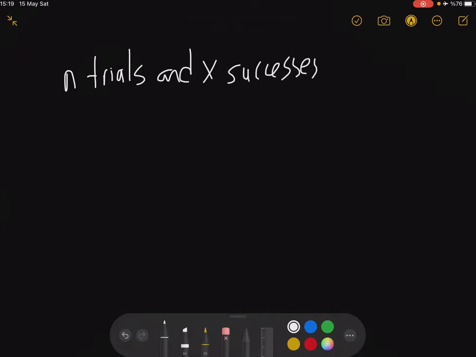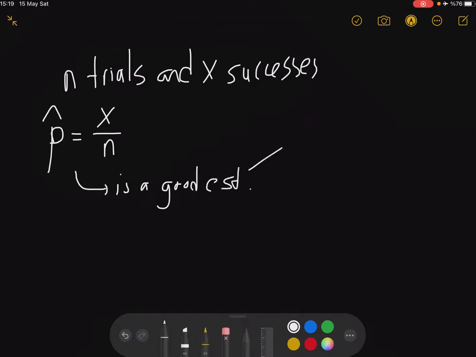Now you have an estimator like this here, x over n. This is a good estimator, because it is unbiased and has minimum variance. That's why we love it.